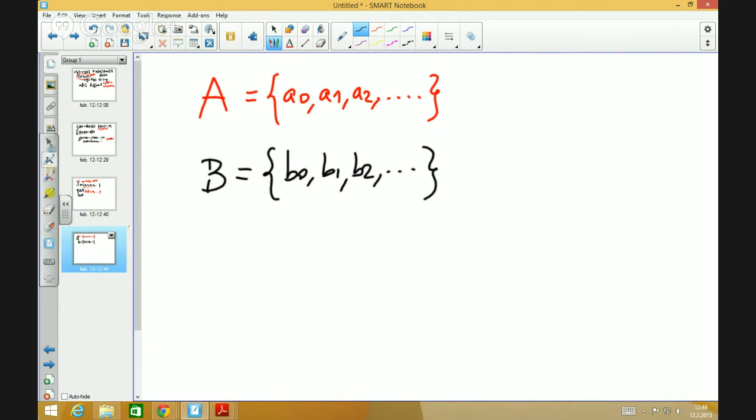Now, what I want you to do for me is to list all the elements of A union B. And I have one word for you. You know what this word is? Round robin, interleaving. By now you're experts in this.